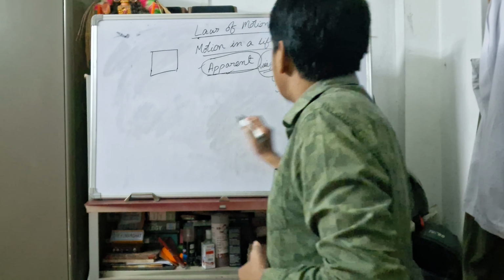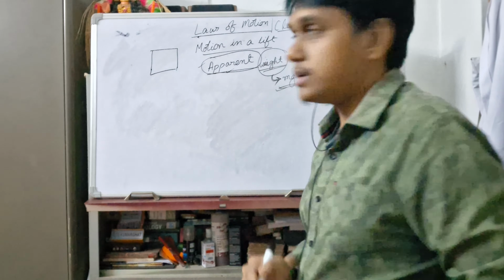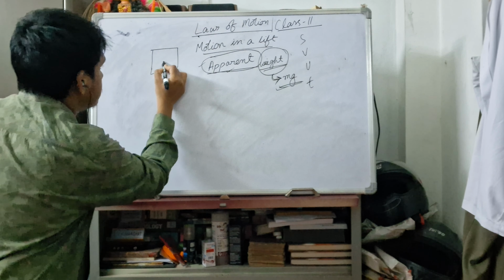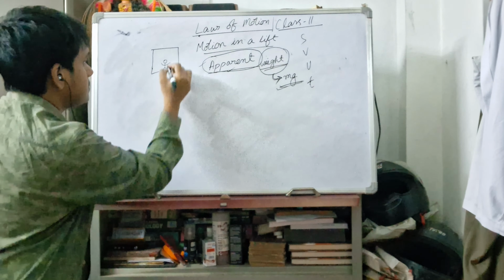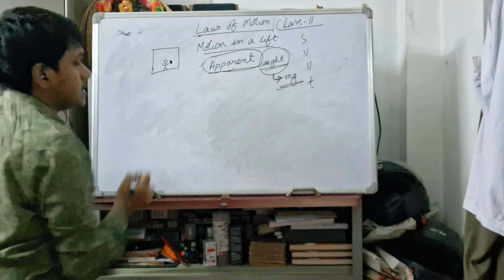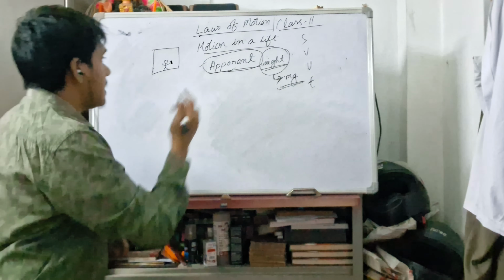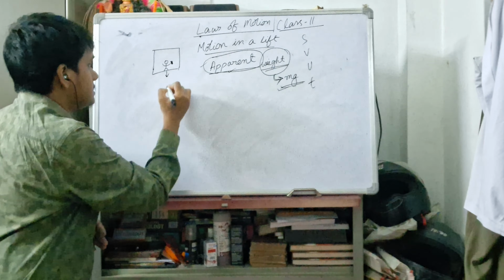Let's see. You know your weight is mg. You are inside a lift, enjoying a chocolate. When you are in a lift, a force is acting on you downwards, that is mg.